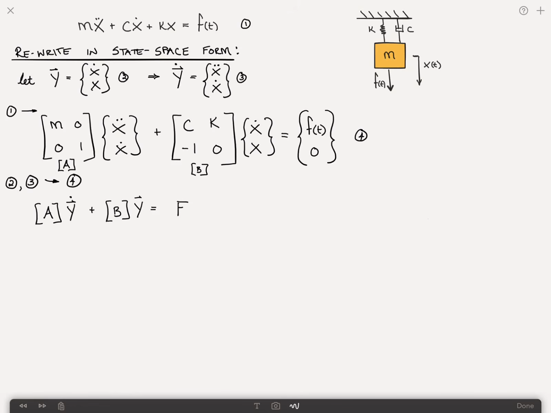Well, I should write it as a vector, I suppose. This is vector F. So vector F is just the stacked force vector, which is f of t in the first position and 0 in the second.